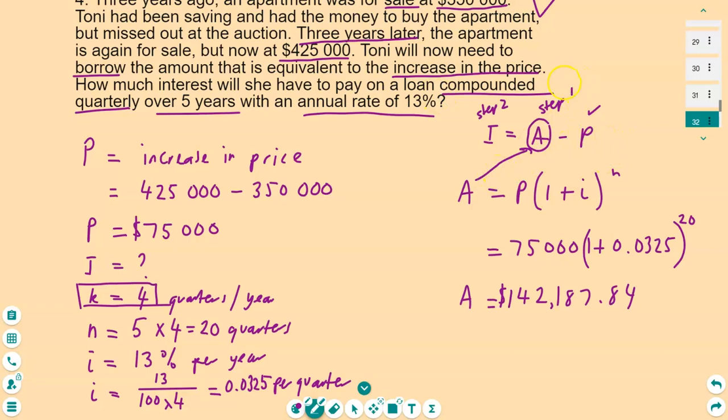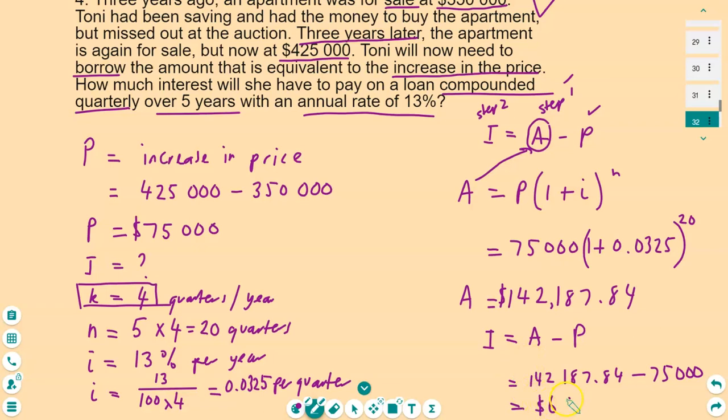So we've found our step 1 now. Now let's use that A to find our capital I. 142,187.84, take our initial principal, 75,000. 142,187.84 take 75,000.